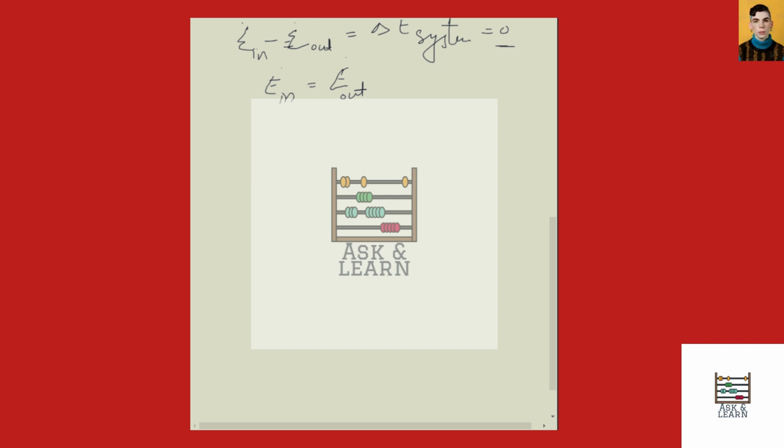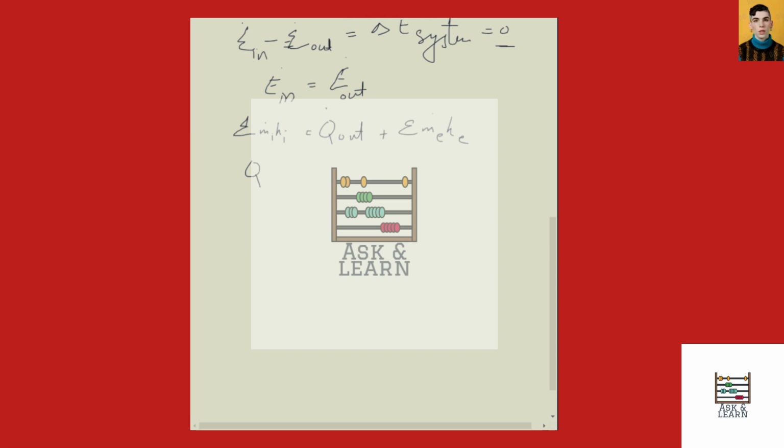As we know, summation of m dot i hi is equal to Q dot out plus summation m dot e he. Here e is the exit and i is the inlet, h is enthalpy, m dot is mass flow rate.